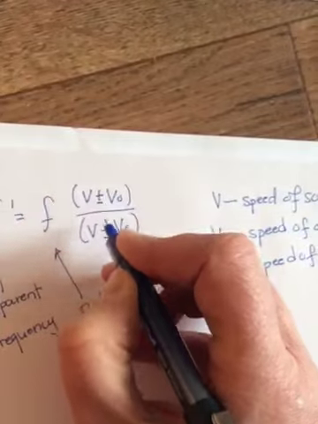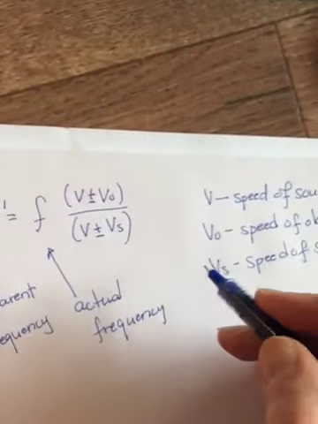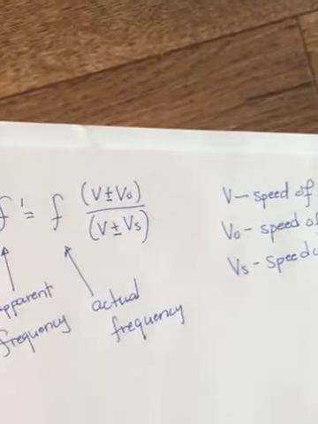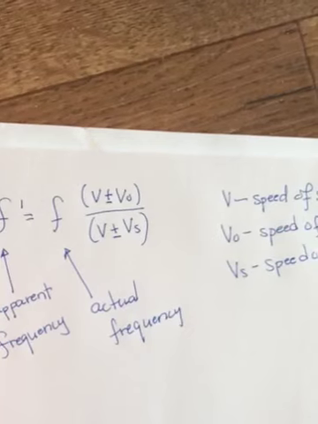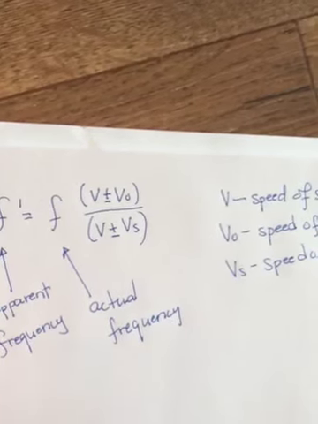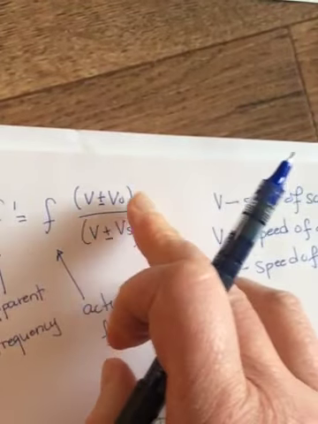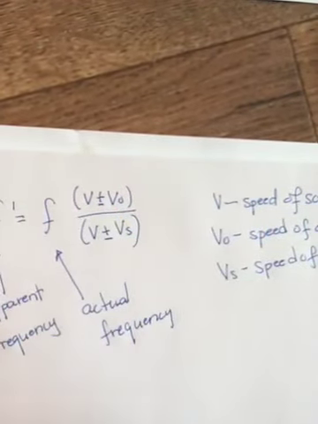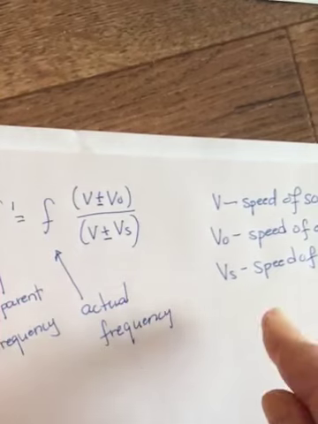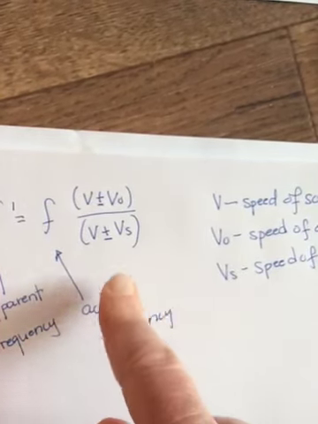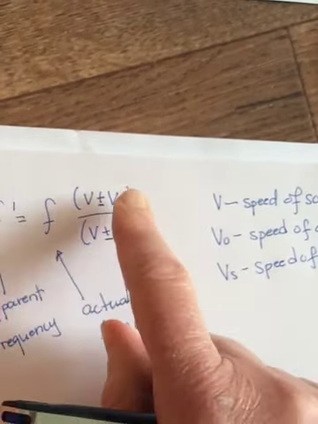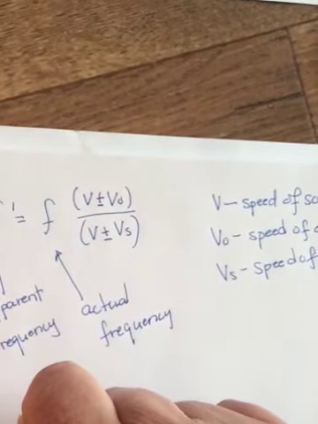You'll notice the plus minus, and that's because whether the VS and the VO go in as positive or negative depends on whether the source is approaching the observer or the observer is approaching the source.